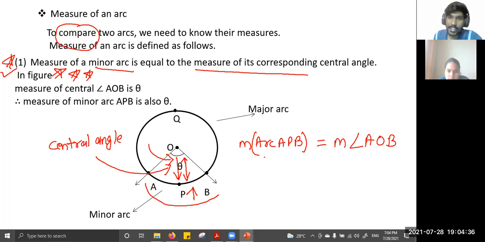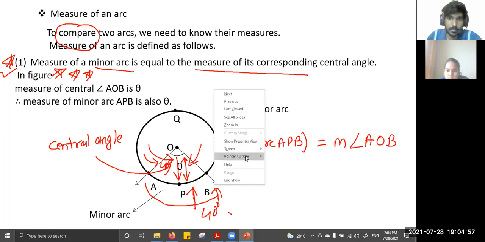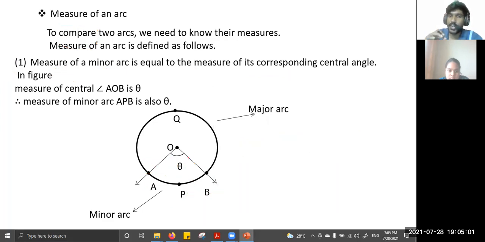If the central angle is 40 degrees, then this arc is also 40 degrees. If the central angle is 60 degrees, then the arc in front of it will also be 60 degrees. Did you understand this? So for a minor arc, the central angle and the measure of its corresponding arc are the same.